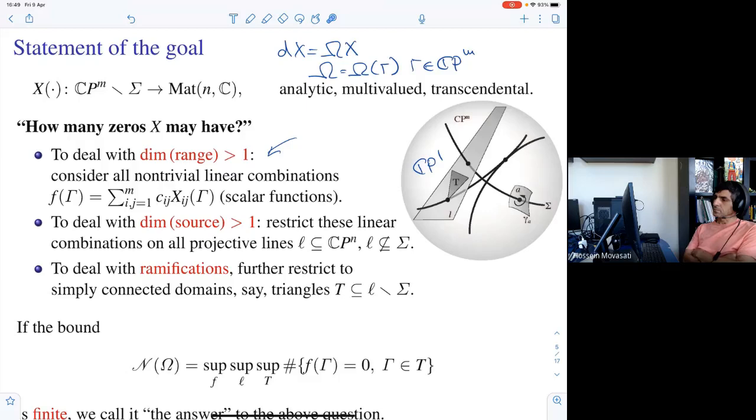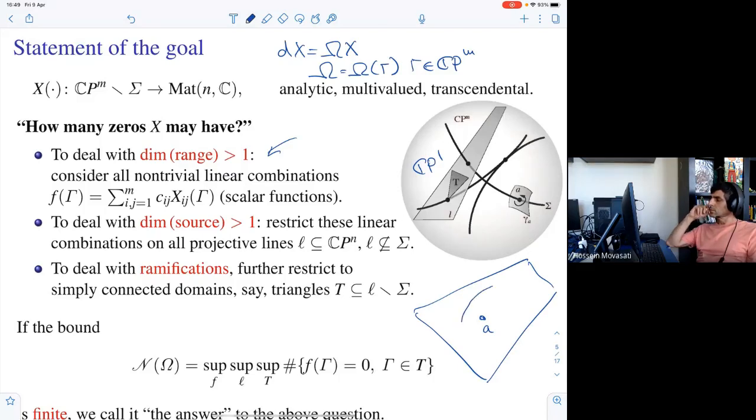And the question is why I need triangles, because if I have a singular point here, say A, on my projective line, I need to choose a simply connected domain, but I do want this domain to stay on one sheet of the Riemann surface.